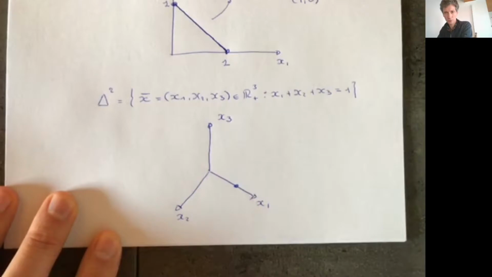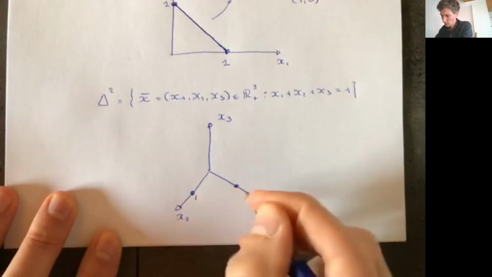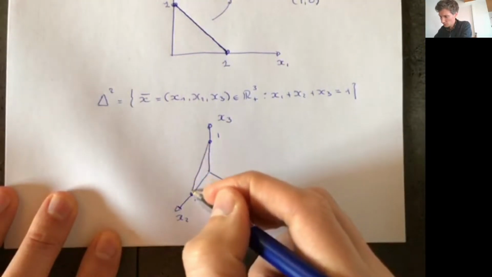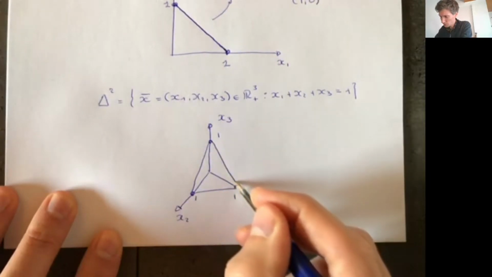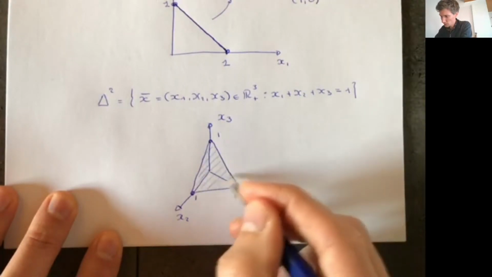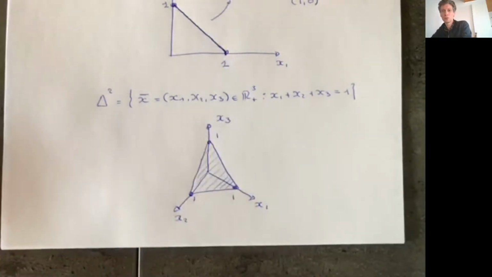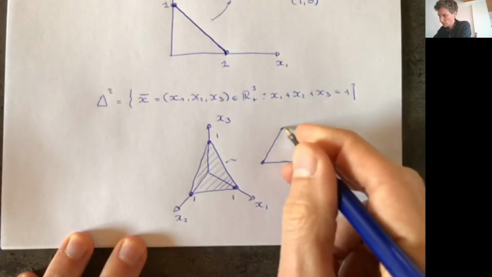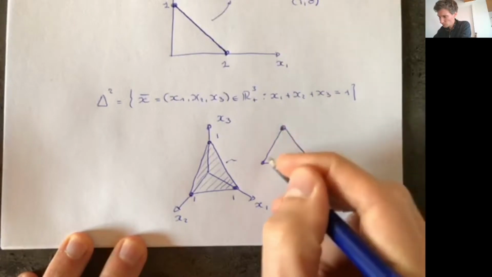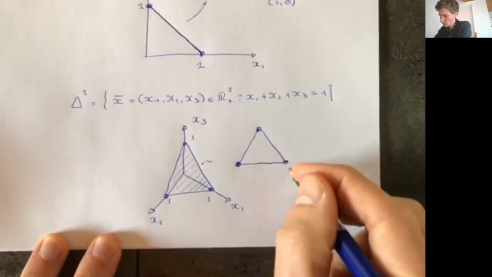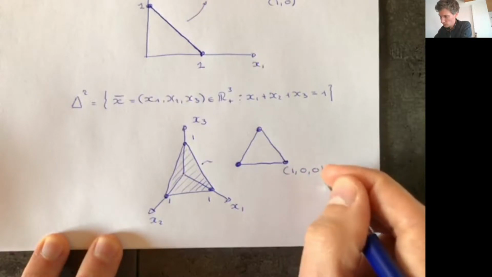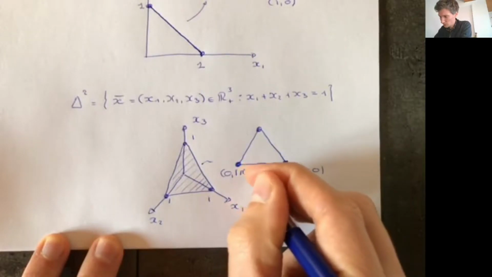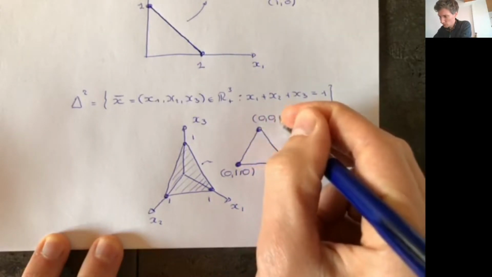So this point is on the simplex, this point will also be on the simplex, and this point as well. If you look at all the convex combinations of these points, what we end up with is this surface here, which is a triangle, and you have seen that a triangle is indeed a two-dimensional simplex. So this point corresponds to the vector (1, 0, 0), this point is (0, 1, 0), and here we have (0, 0, 1).